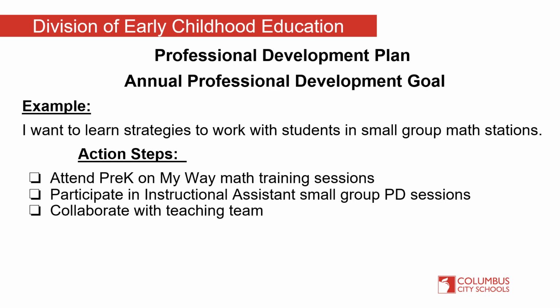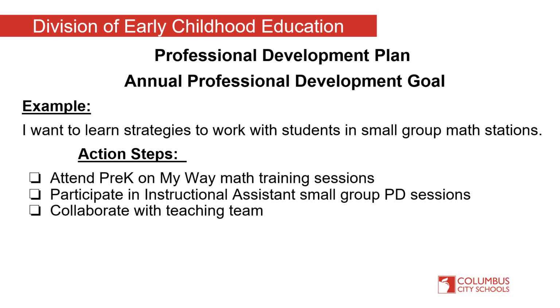So let's take a look at the first goal, the annual professional development goal. This goal is what you want to learn for the year. It should be a new goal for each year since it is labeled annual. Knowing what our year holds, we try to create samples that could fit our current year. So for example, the first goal could be, I want to learn strategies to work with students in small group math stations.